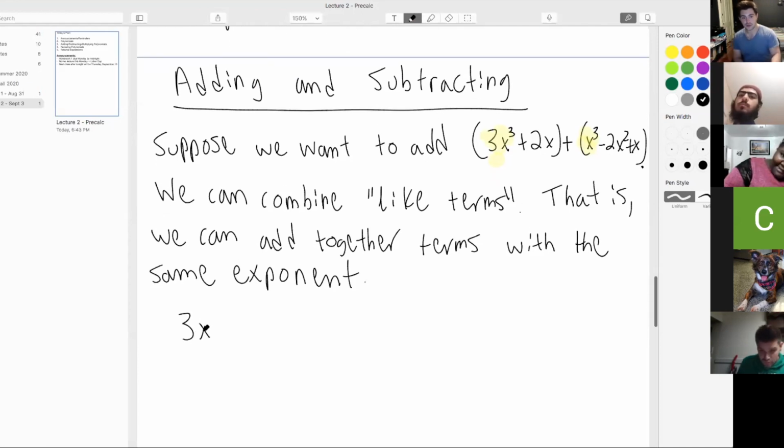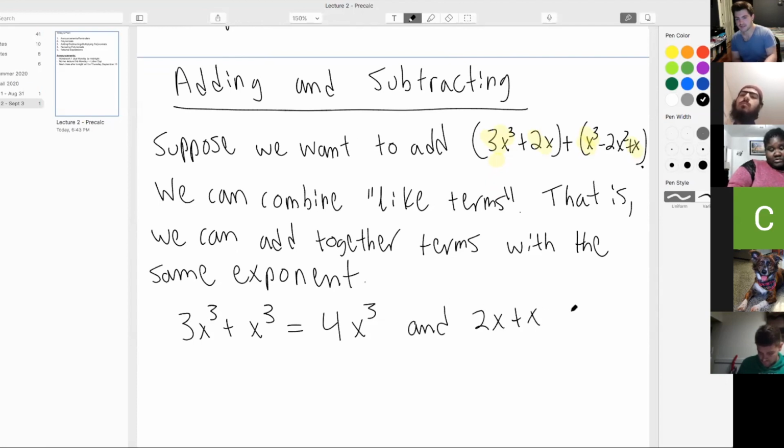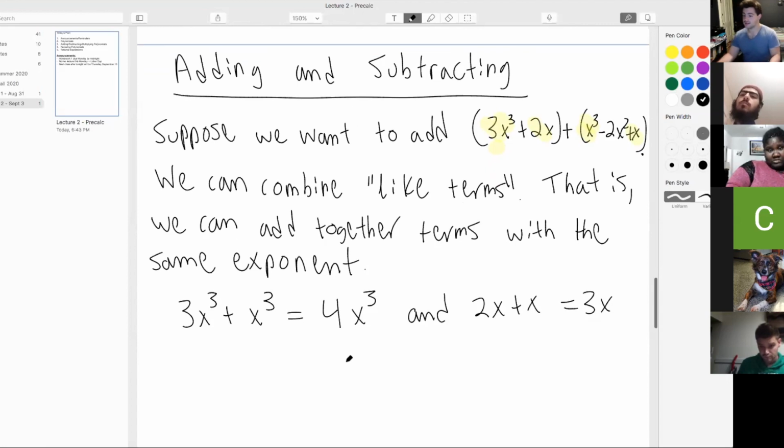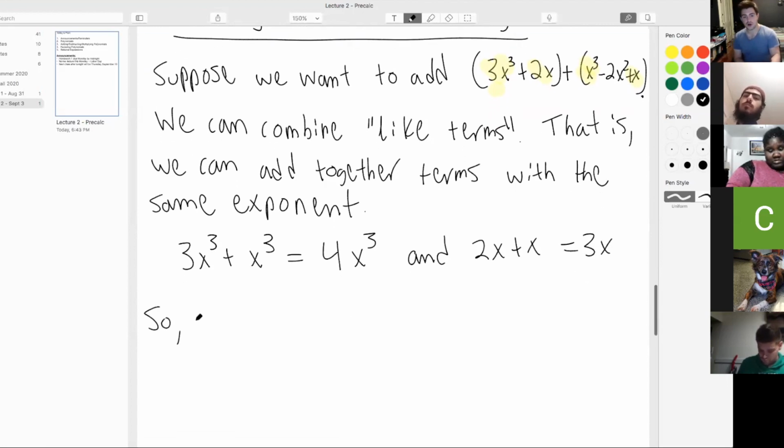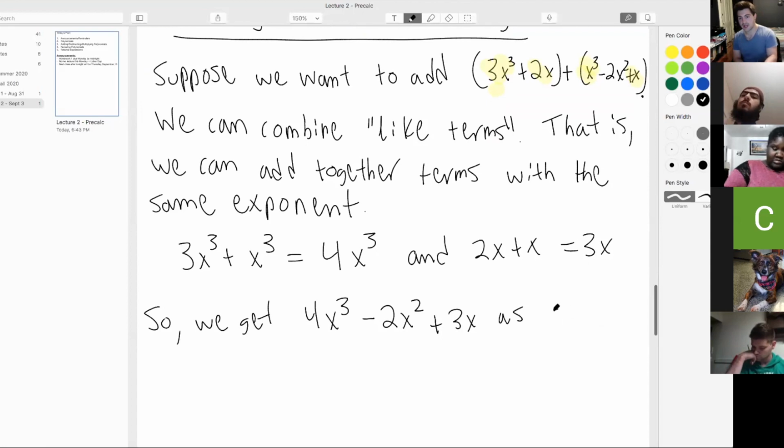So 3x to the third plus x to the third is 4x to the third. In the same spirit, we can add 2x and x, which gives us 3x. Awesome. So we get 4x to the third minus 2x squared plus 3x as our answer.